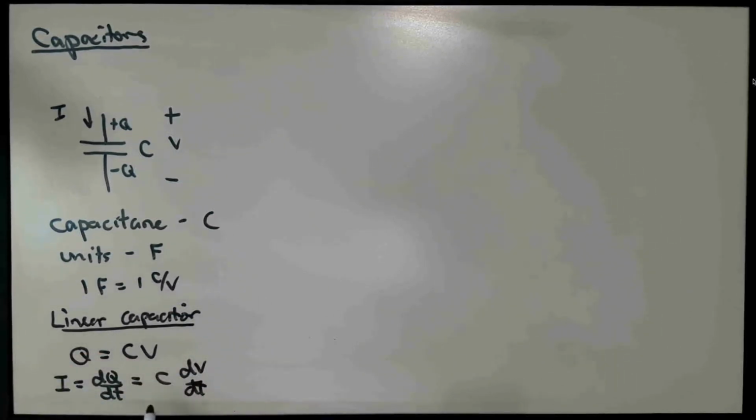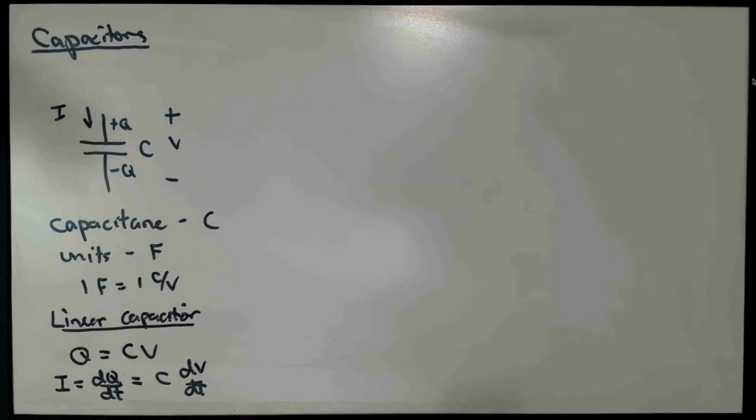So C is taken to be a constant in a linear capacitor. For a nonlinear capacitor, you might, for instance, have C as a function of V, and then to take the time derivative, you would actually have to take the derivative of a product. But for a linear capacitor, C is just constant, independent of the voltage across it, and so it's a constant with respect to differentiation with respect to t, and so I is just equal to C dV/dt.